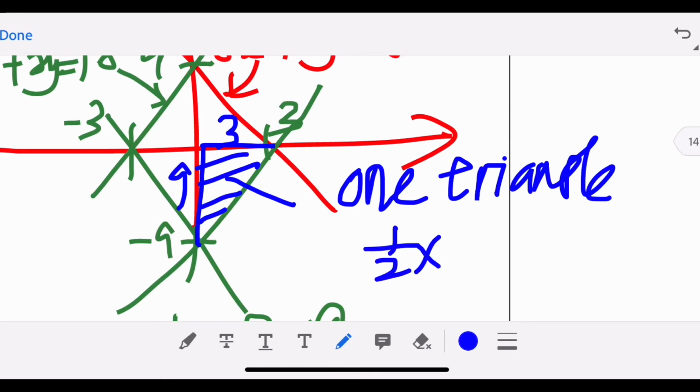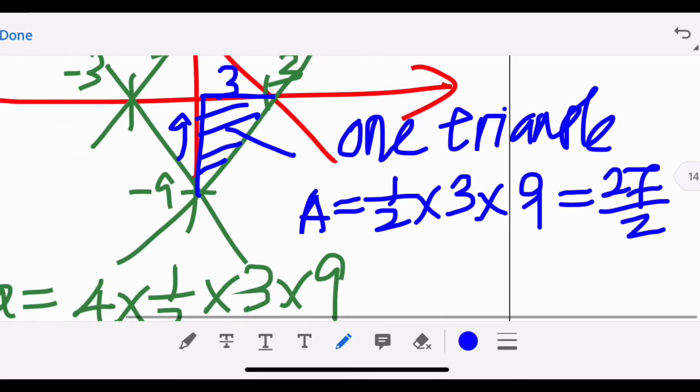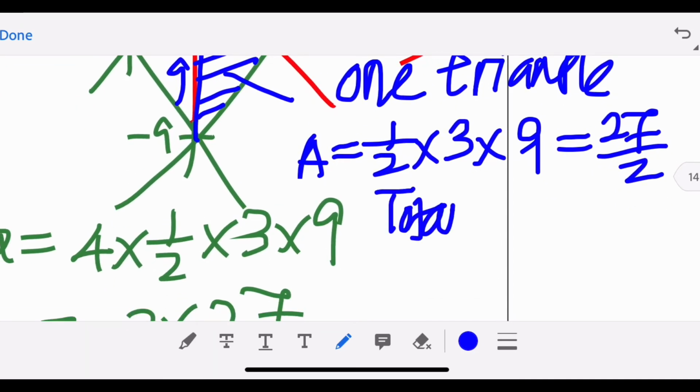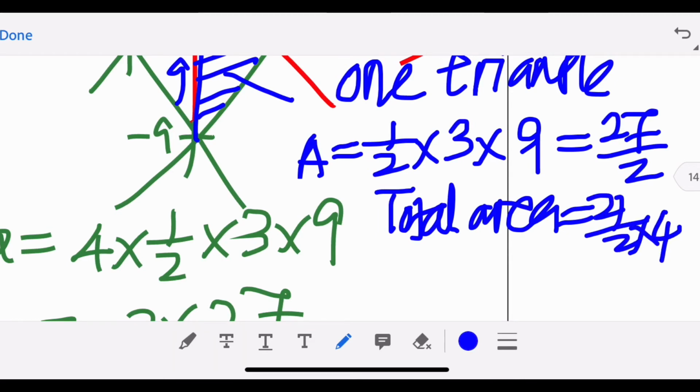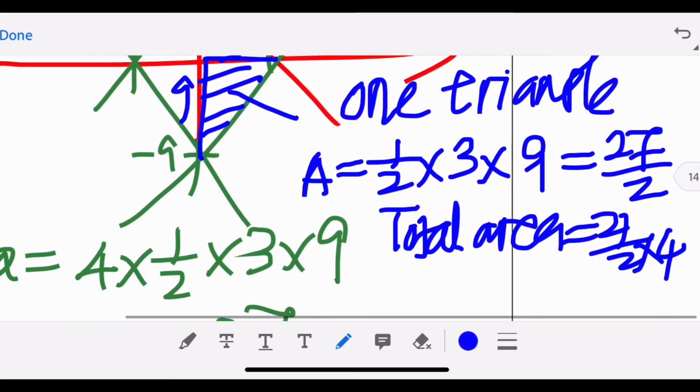When we find the area, we always ignore the negative because we just want to focus on the length and the height. So for 1 triangle, the area is 27/2. We have to calculate 4, so we take 4 times 27/2, which gives 27 times 2, which is 54.